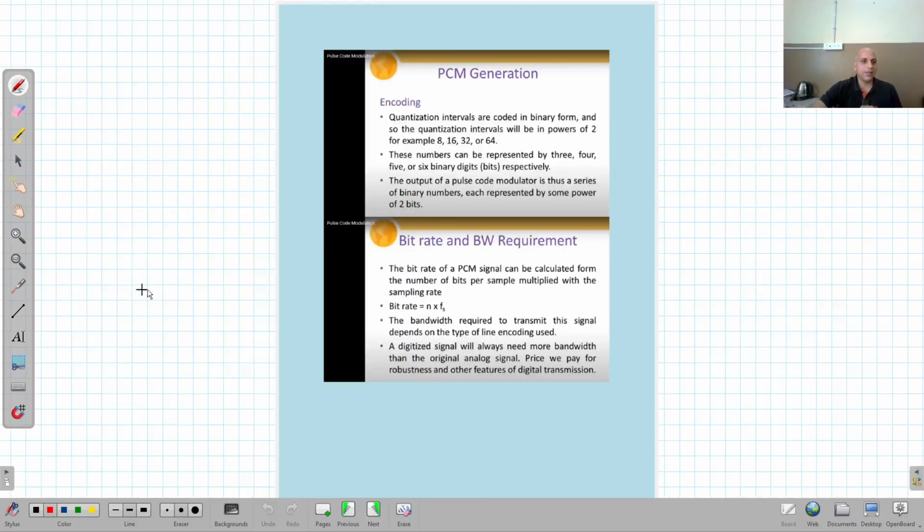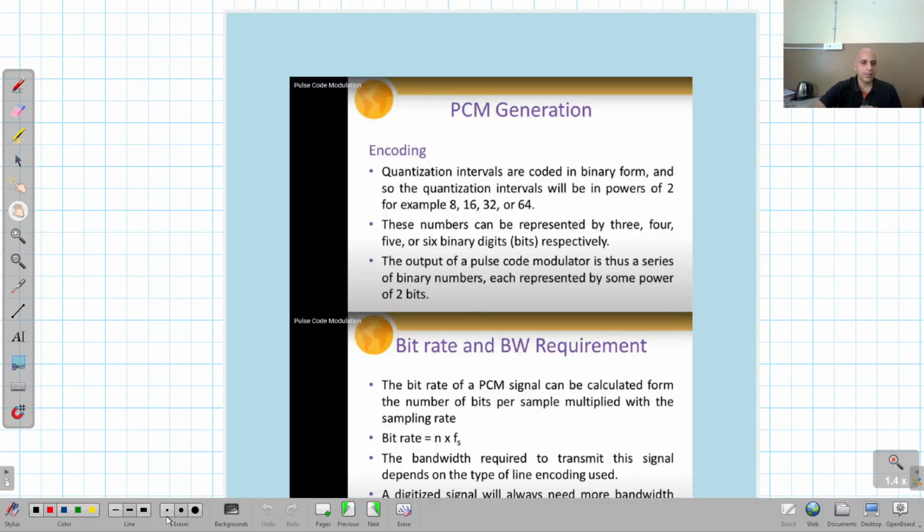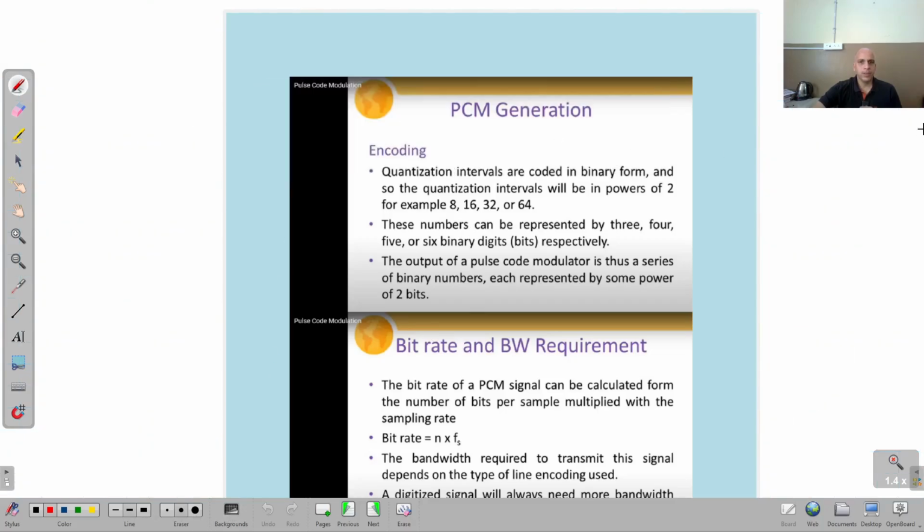Now the next step is encoding, right? So you can see here encoding. So encoding means, as I told you, suppose I have converted the voltage levels of the PAM signal as 1 volt, 2 volt, right? 0 volt, 7 volt.